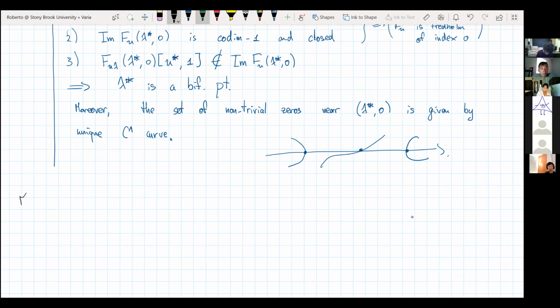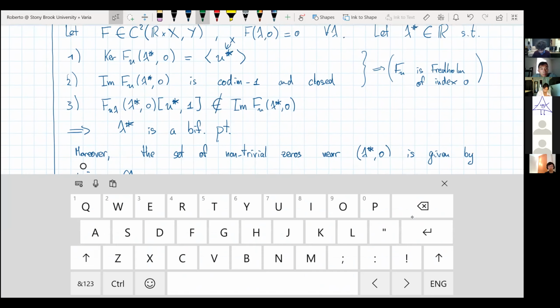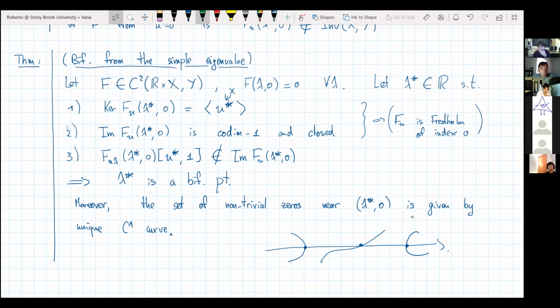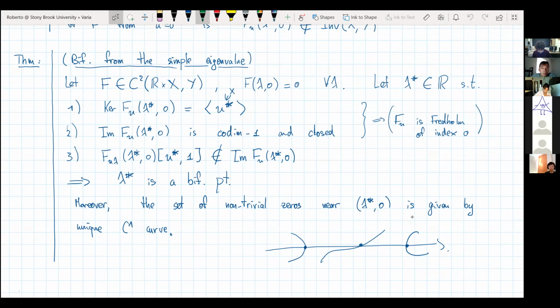Sorry, could I ask a question about the theorem first? In my mind, X and Y are Banach spaces, so they're infinite dimensional. So what do you mean by condition 2, that the image has codimension 1? I was just a little confused there.